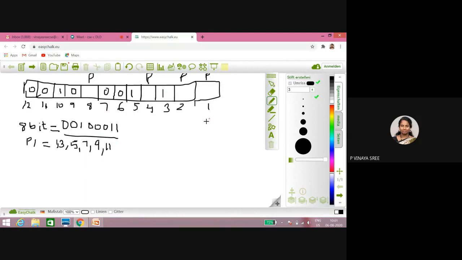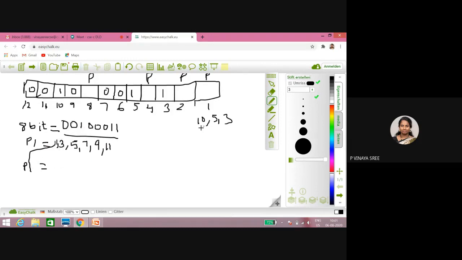In which bit positions do we have 1? In position 10, in 5, and in position 3. So the 1 we need to calculate has to be placed here, P1, and with the help of these values we will find P1.